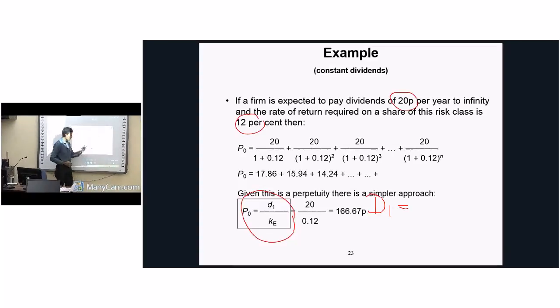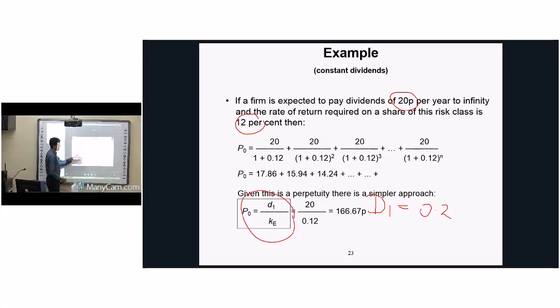But if there is no growth, the dividend paid today is no different to the dividend paid in 1 year's time. Therefore, D0 and D1 are the same. So you take the same figure, 20 pence, and calculate the value of the firm.